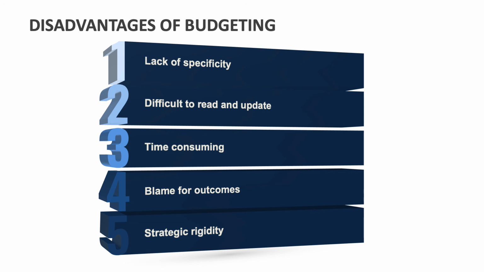And that will create strategic rigidity. So it is common that managers will be drawn to focus fully on striving to achieve the targets outlined in the budget. Therefore, strategies planned rigidly to attain the target will lead to catastrophe for the organization. So these are basically the overview for auditing.